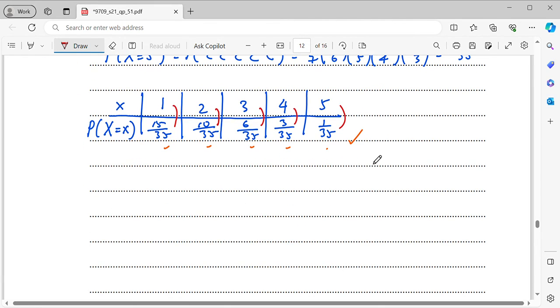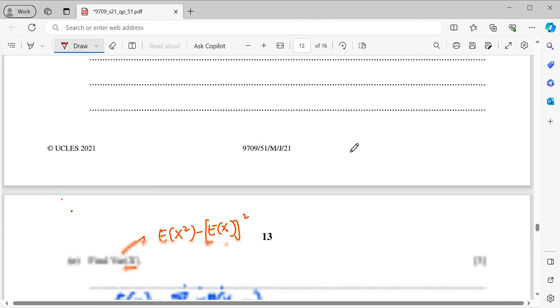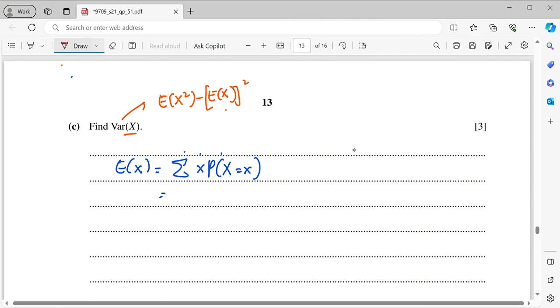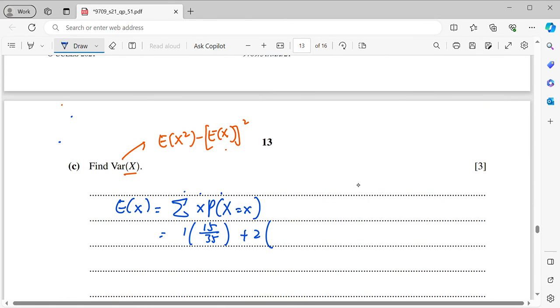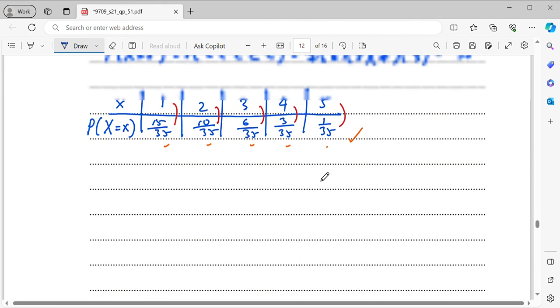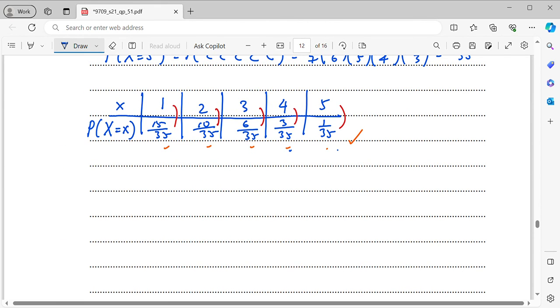Okay, so I will write 1 times 15 over 35 plus 2 times 10 over 35 plus 3 times 6 over 35 plus 4 times 3 over 35 and 1 over 35.